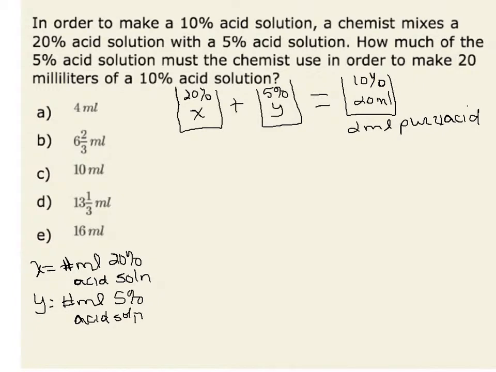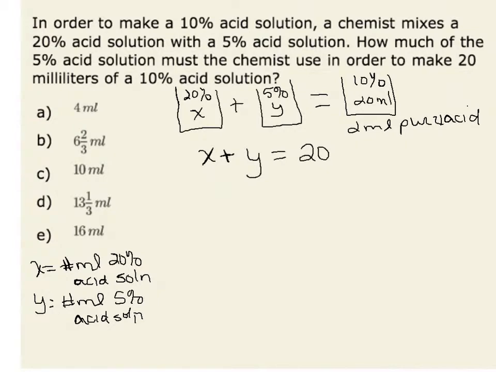So one equation is that if I take the amount of my 20% solution and add that to the amount of my 5% solution, I am going to get a total of 20 milliliters.